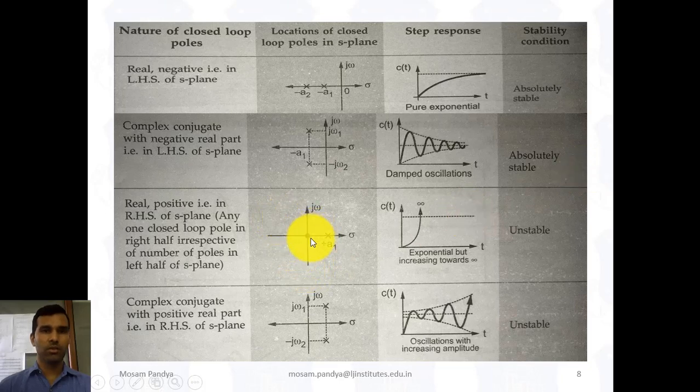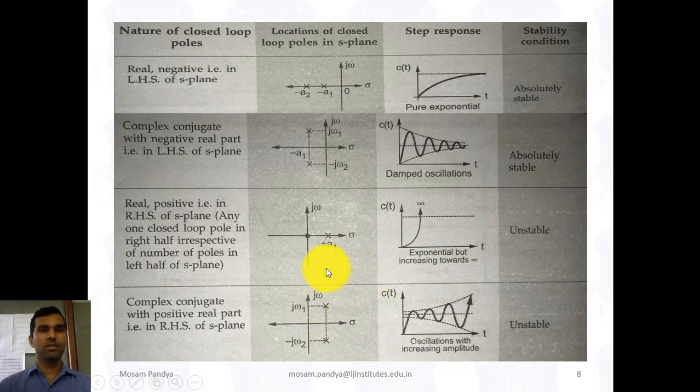And here the third one is the unstable system. See, the real pole is on the right hand side of the plane. As per the definition it must be in the left hand side, but here the pole is on the right hand side. So this is unstable, and this is the transfer function behavior of this system.